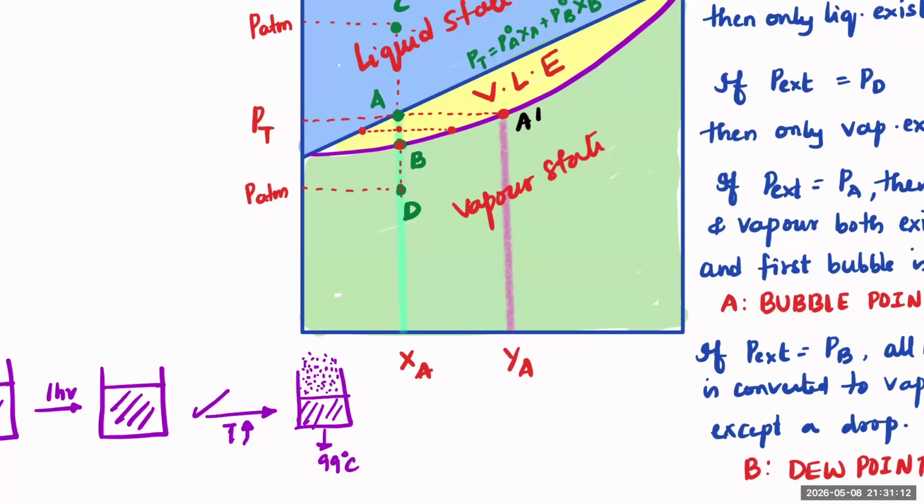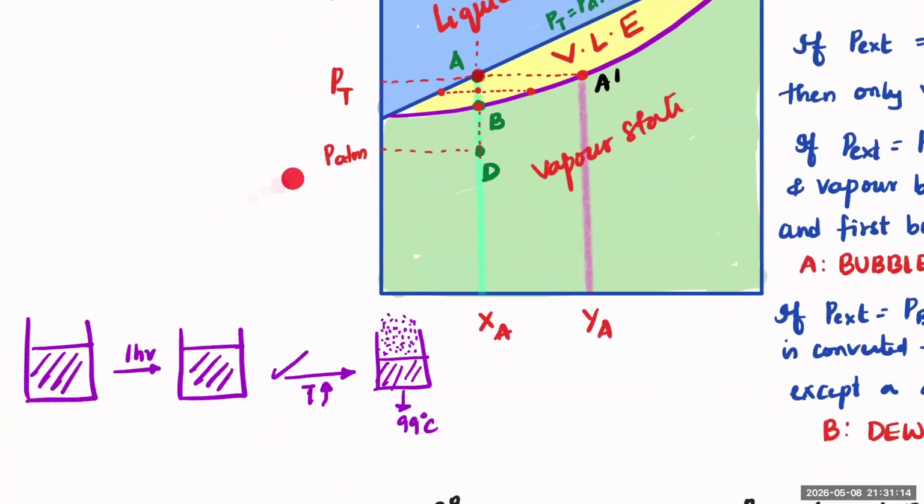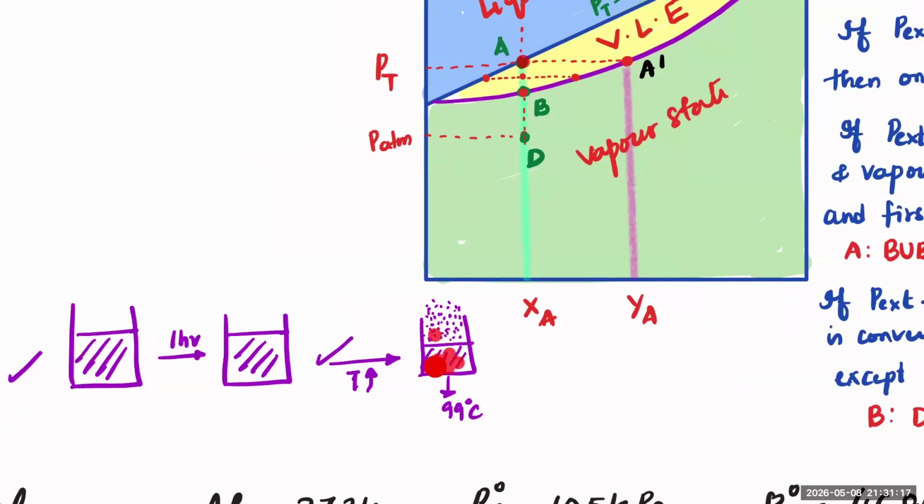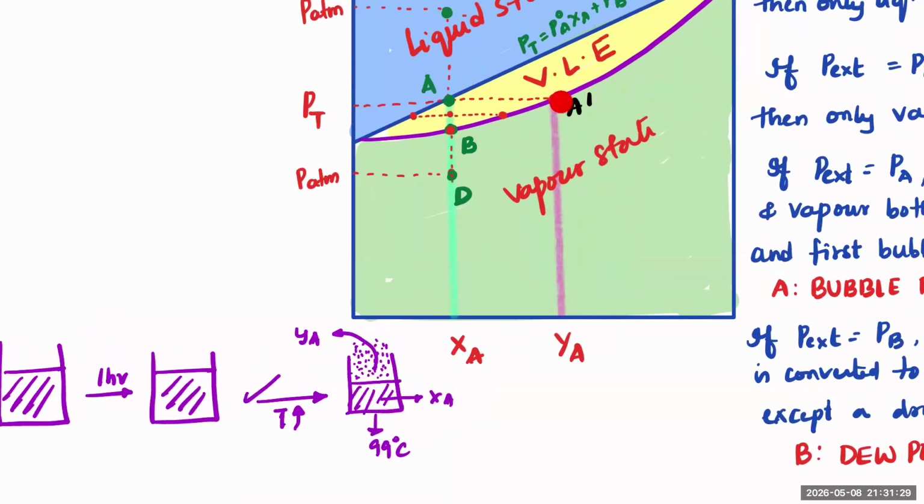So for this point A, if XA is the mole fraction in the liquid state, then respectively YA will be the mole fraction in the vapor state, which is this one. So this will be the mole fraction, everyone. Clear?